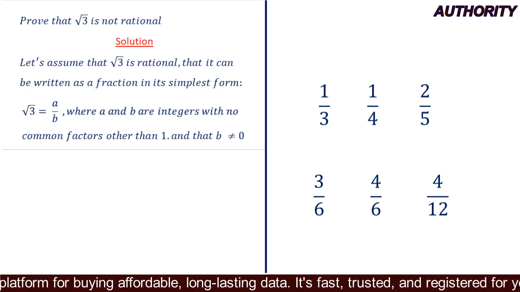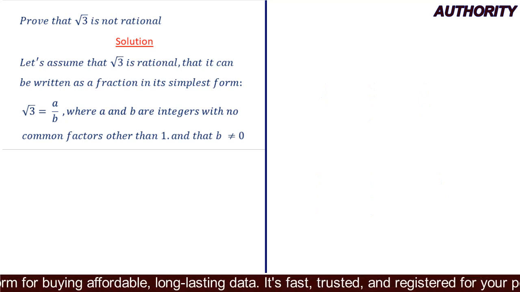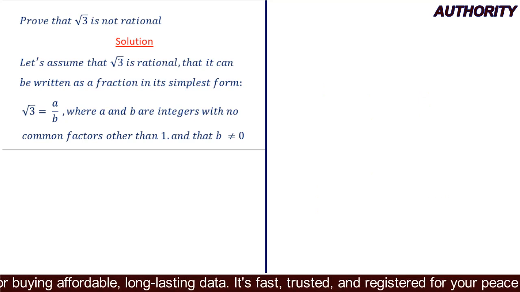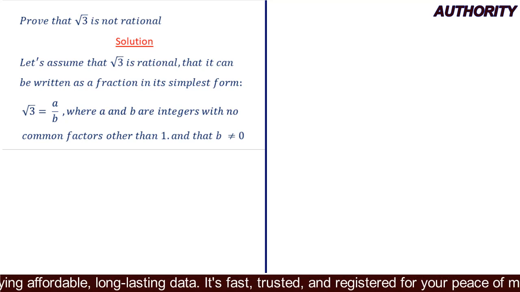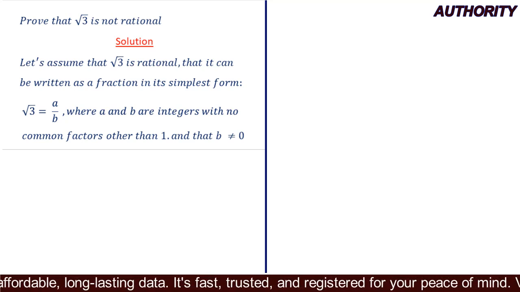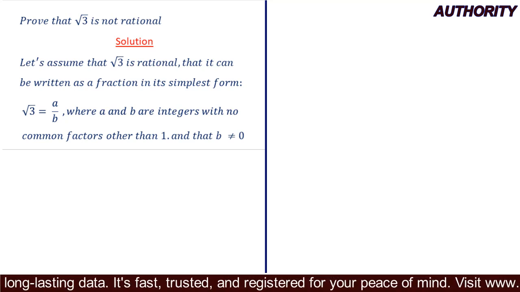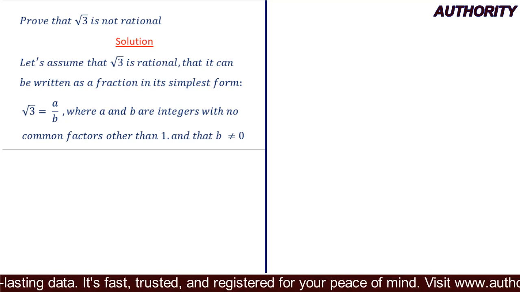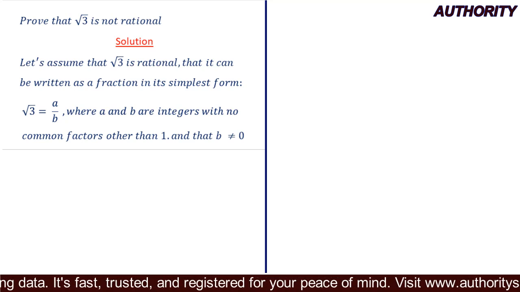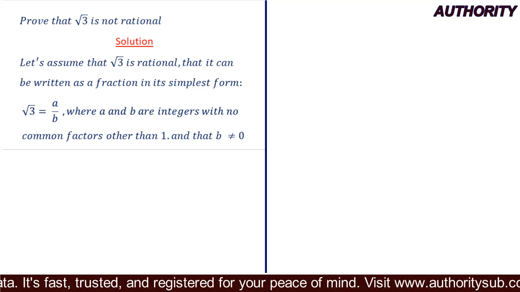Good. So what we are claiming here, or our assumption here, is that this root 3 can be written as a over b, where a over b does not have any common factor and is not divisible by any other number.